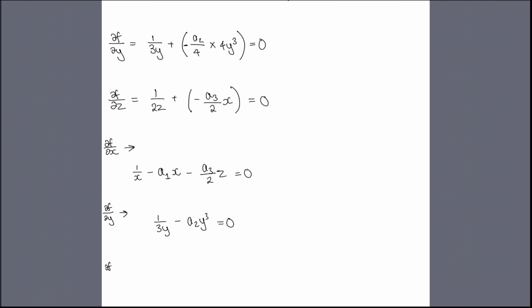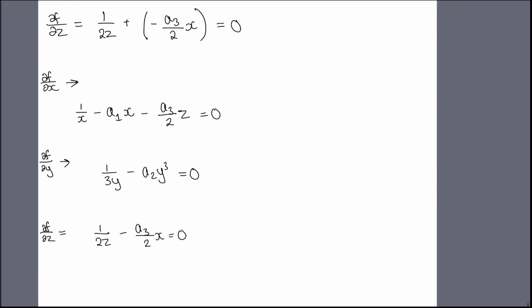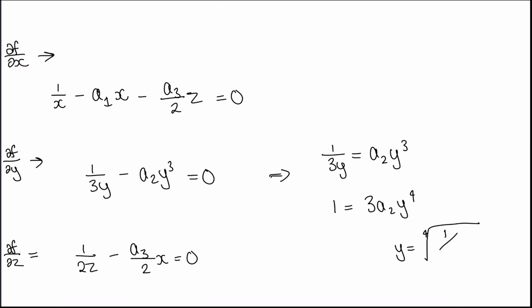And then finally, over here we get 1 over 2z minus a3 over 2x is equal to 0. If we first go about solving this equation, we get 1 over 3y is equal to a2y cubed. So 1 is equal to 3a2y to the power 4. So y is equal to the fourth root of 1 over 3a2.